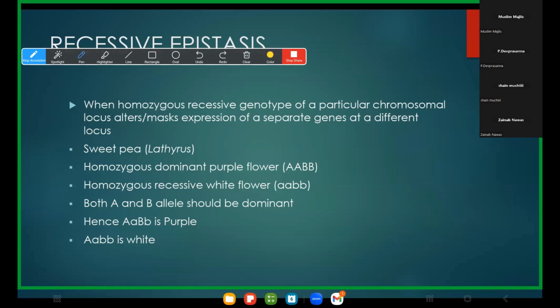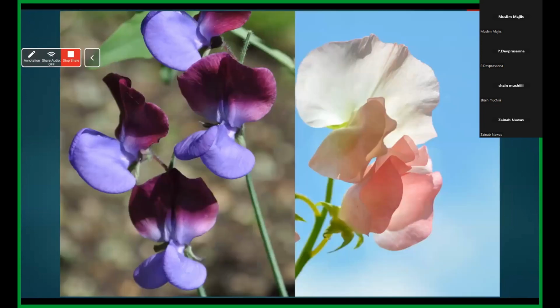So if we were to look at it once again, these are the two colors. This is white and this is purple. This is in the dominant state and this is in the recessive state.